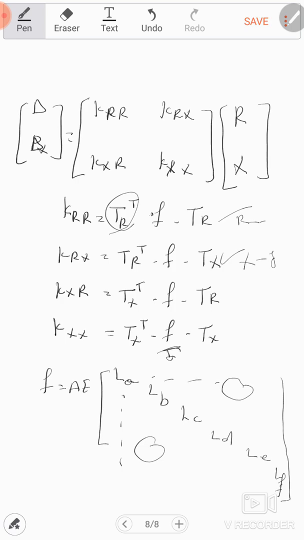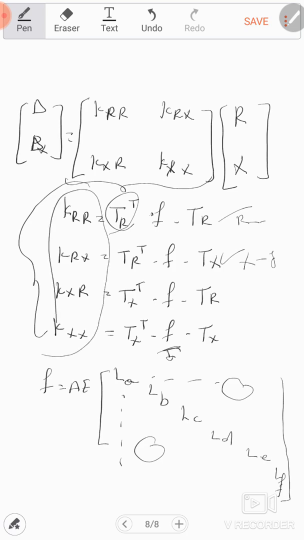So now, first you should find each value for this matrix depending on these rules. Find Krr, Krx, Kxr, Kxx.